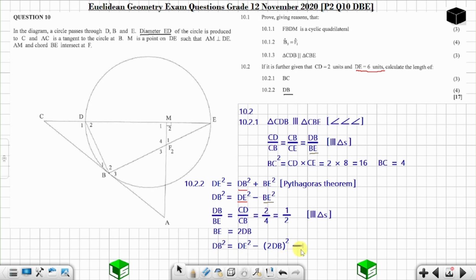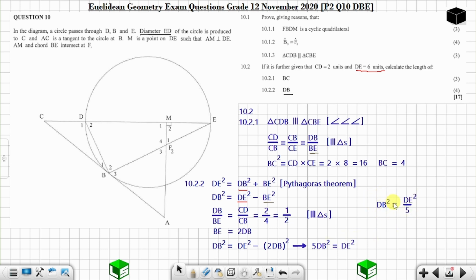So you are going to have 5 DB squared. You have 1 DB squared on the left, and when you take this to the left, you are going to have plus 4 DB squared. Now you have 5 DB squared equal to DE squared. You are going to divide by 5 on both sides. Now you have DB squared is equal to DE squared over 5.